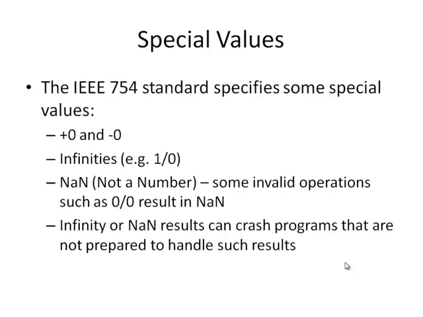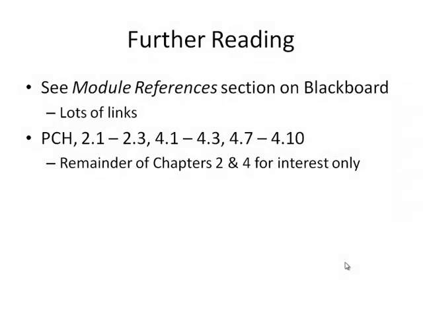If you're using these in Excel, for example, Excel will tell you that you've got a result that's not a number, but it won't crash. But if you're writing your own code, you may need to be prepared to deal with results that are not valid numbers, and to make sure your program doesn't crash as a result of these values.